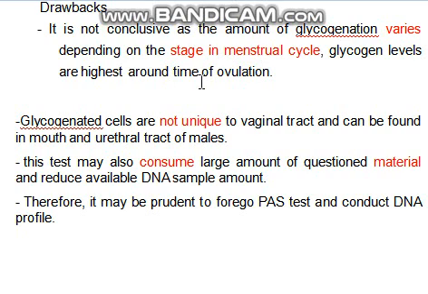For example, at the time of ovulation, the amount of glycogen is very high, so you may get a false negative result if the amount of glycogen is very low in the other stages of the cycle. The other drawback is that it is not unique. As you already know, glycogen could be present in other cells as well, so it is not a specific test for this case.